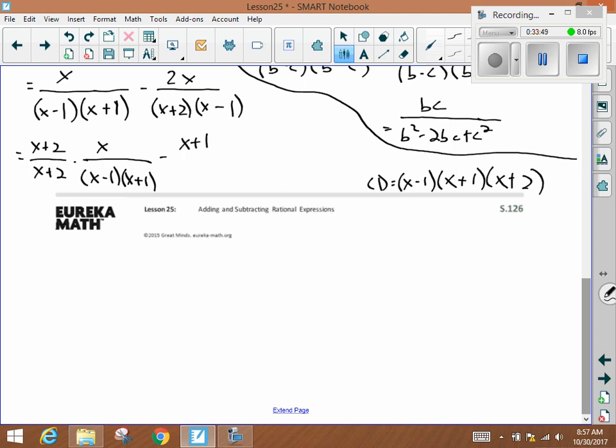So I've got to multiply this one times x plus 1 over x plus 1, and x over x plus 2 over x minus 1. I'm going to have to bring this all down here below the Eureka Math trademark symbol. So this, I'm going to distribute.